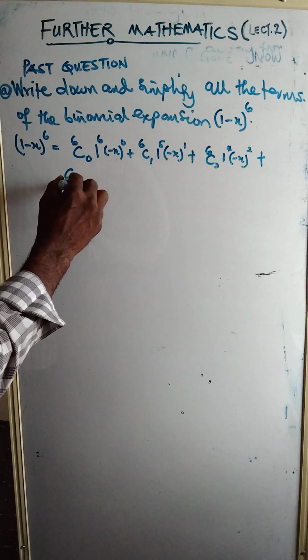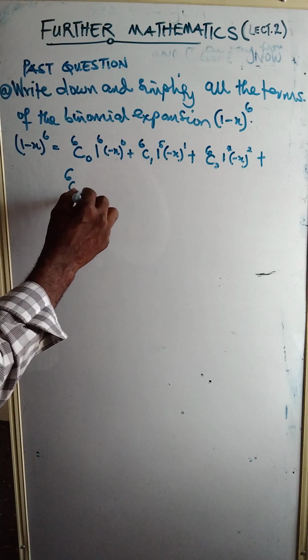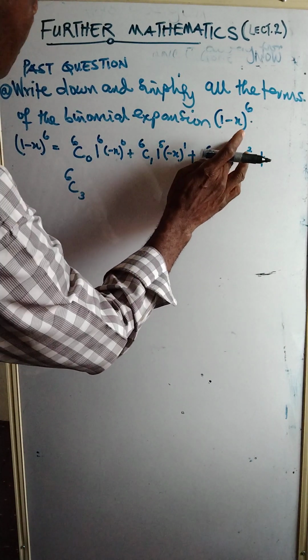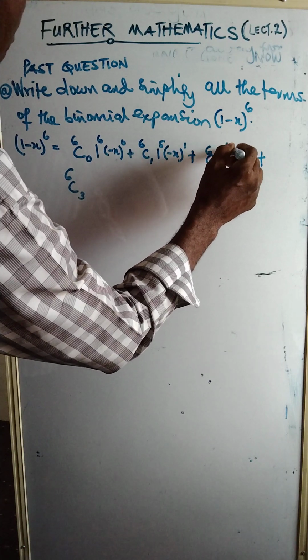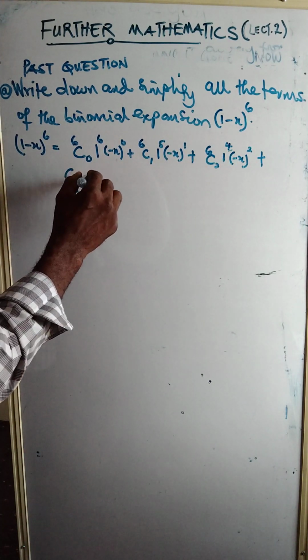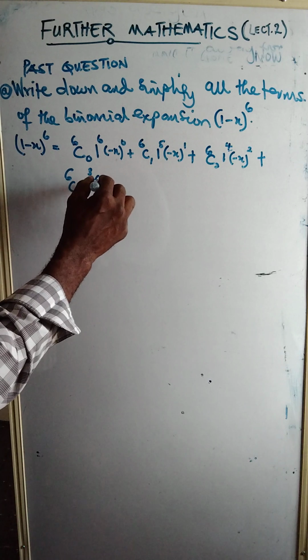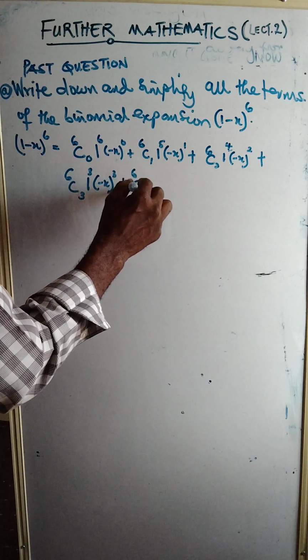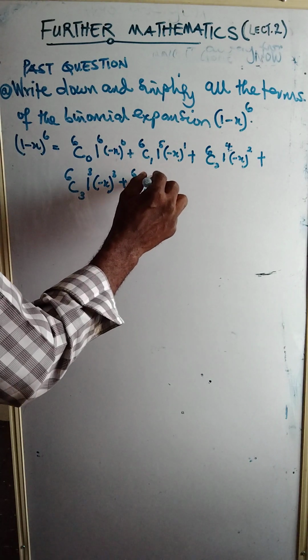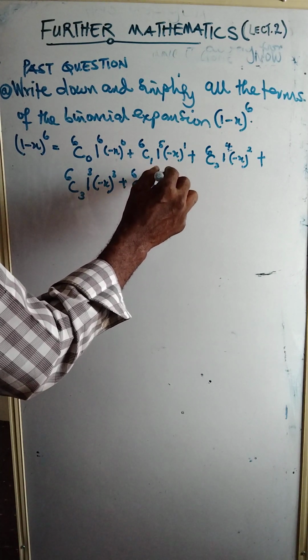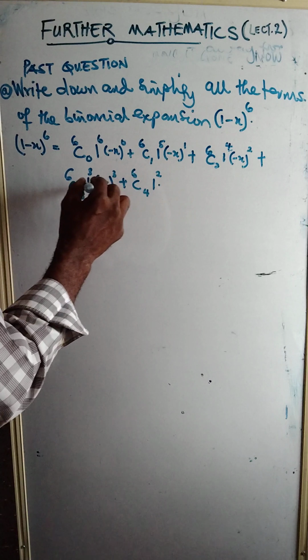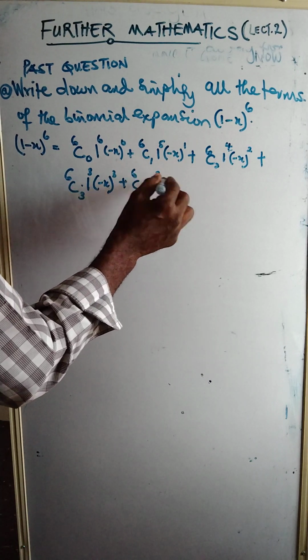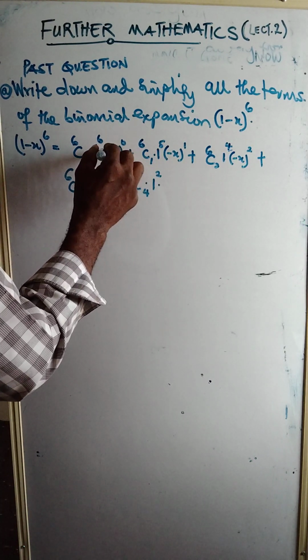The next one is 6 combination 3, then we have 1 raised to power 3, then we have (-x) raised to power 3, then we have 6 combination 4, we have 1 raised to power 2, and the dot signifies multiplication.